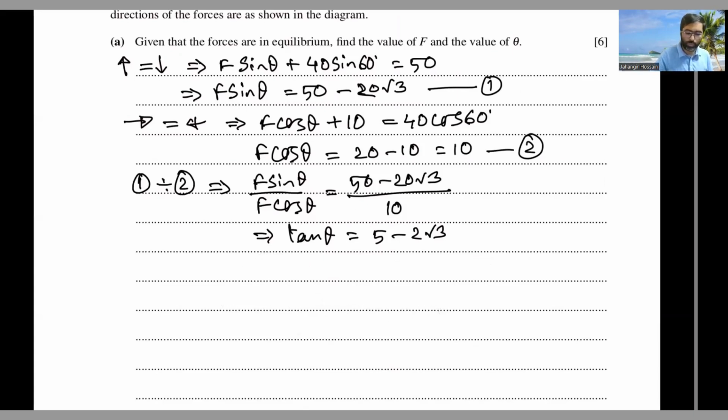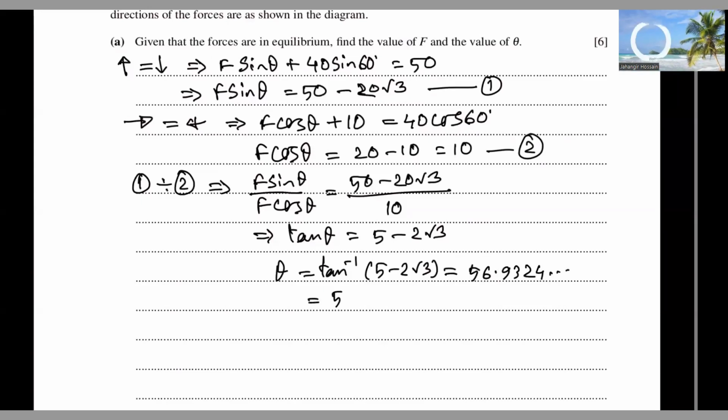Again, we have tan theta equal to 5 minus 2 root 3. So theta is tan inverse of 5 minus 2 root 3, which is 56.9224.